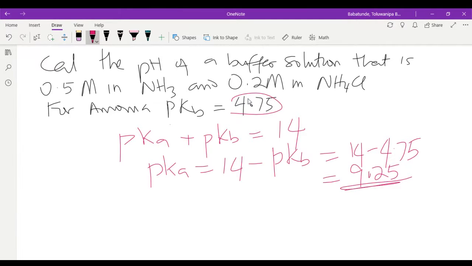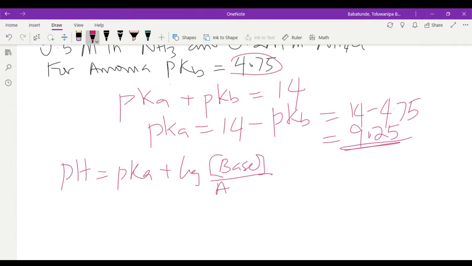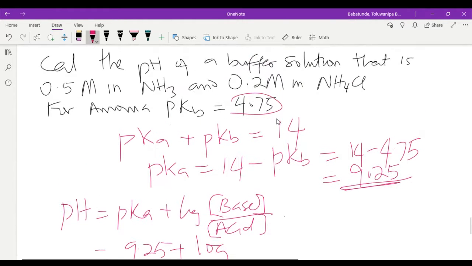So since we know the pKa, we can use that in the Henderson-Hasselbalch equation, which says pH equals pKa plus log of the concentration of the base over the acid. So we know our pKa to be 9.25. We plug it in here, plus the log of the base. So what is the concentration of the base?